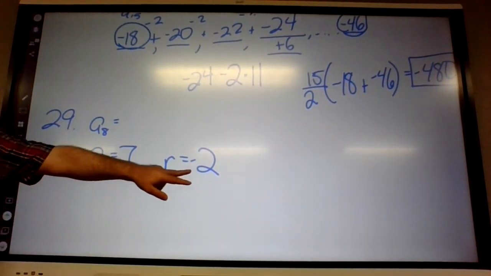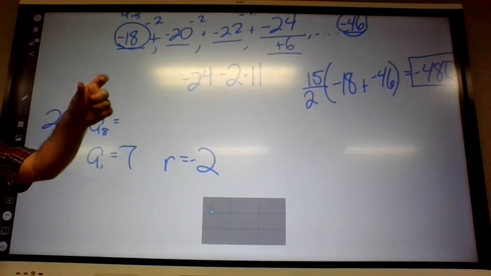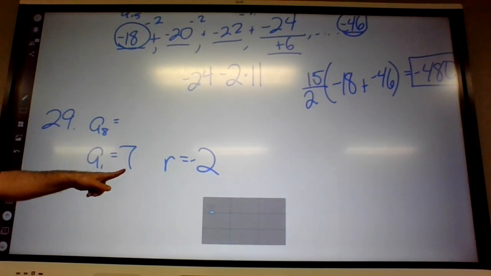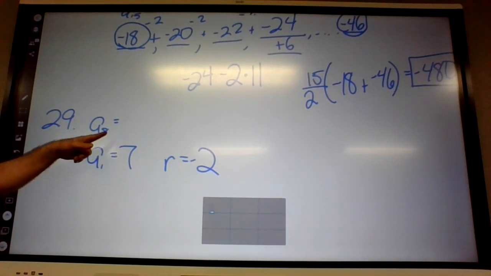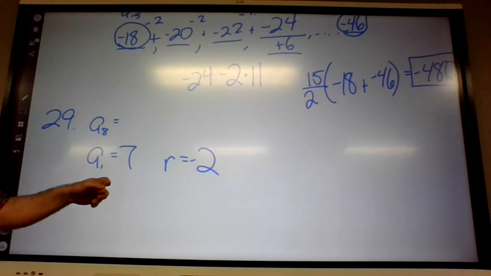What does r equals negative 2 mean? That's how many is away. The difference. Nope, I lied. This is geometric, it means that's what we're multiplying by. So how do I get from the first term to the 8th term? Multiply by negative 2 7 times.